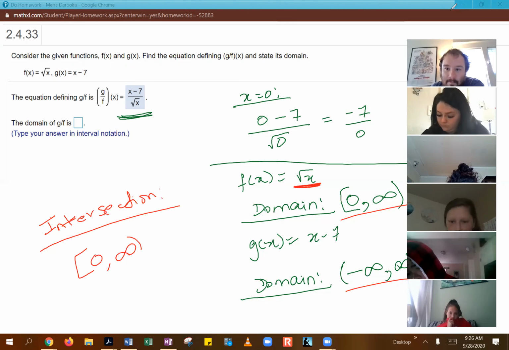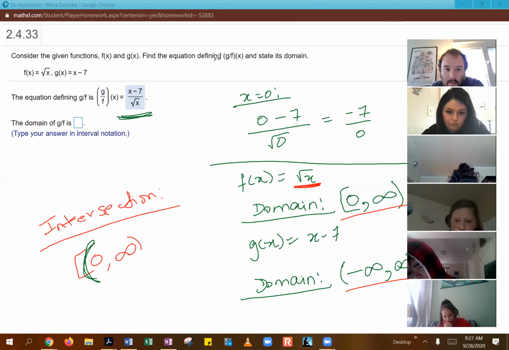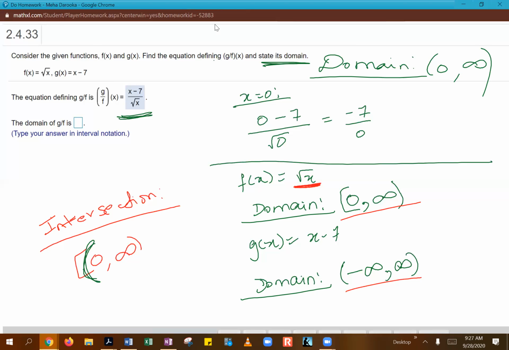Because that's making our denominator become a 0, and we cannot divide by 0. So the only modification we are going to end up doing is, instead of including that 0, you just don't include that 0 for the final domain. So the domain for our g divided by f function is going to end up becoming 0 to infinity, not including 0.